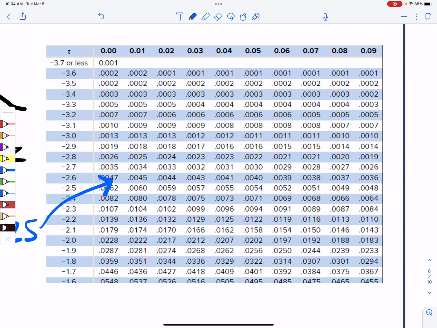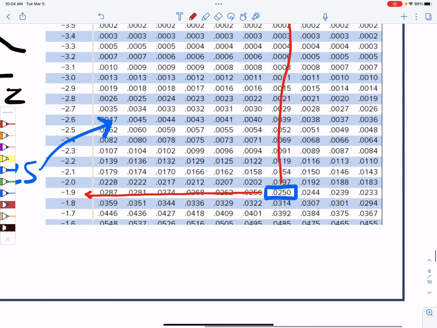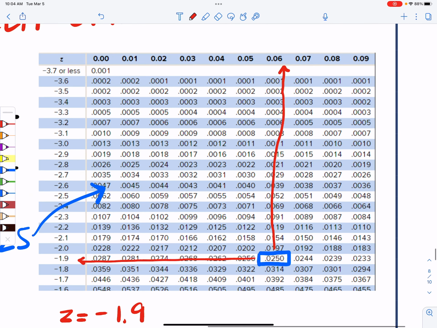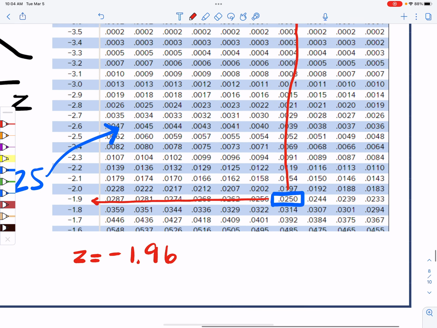And this is one of the few cases where you can actually find the exact area. Okay, area is 0.025. You want the z-score. So for that area, the row would give you negative 1.9 and the column would give you a 6.